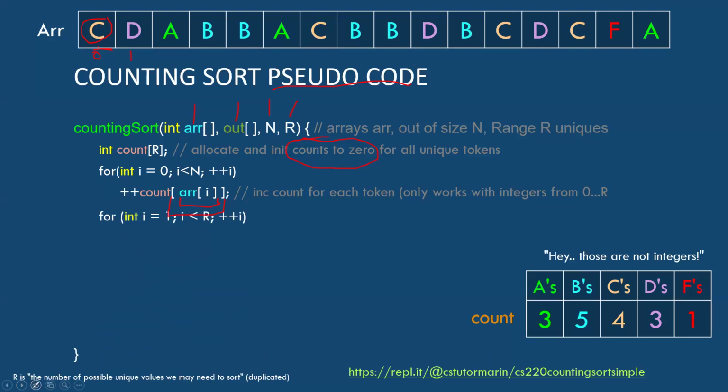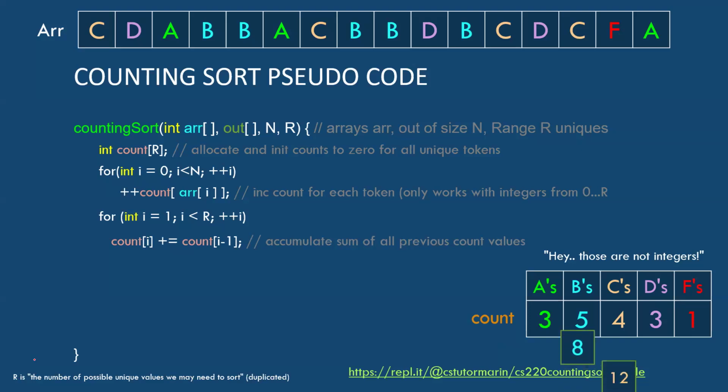Once I have those frequencies, I'm going to build up an offset by adding the previous frequency to it. So if this was a 3, 5 plus 3 is 8, 4 plus 8 is 12, 3 plus 12 is 15, etc. So you're probably like, where are we going with this? Okay. So now I have everything I need to do the sort in linear time.